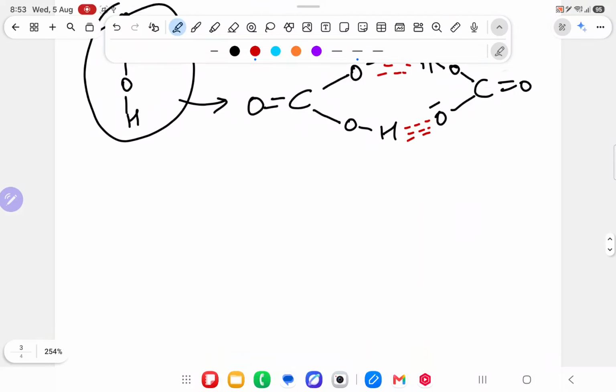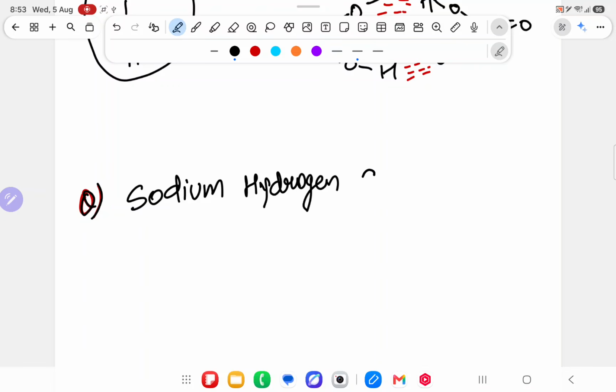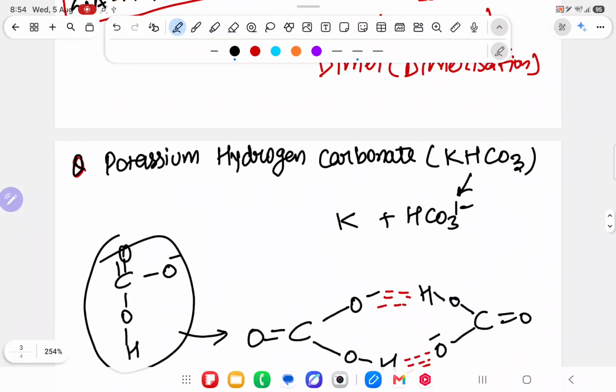Understood the point? Now, next question. Next question we will have is the hydrogen bond in sodium hydrogen carbonate. Sodium hydrogen carbonate is NaHCO3. There is no difference between these two, but hydrogen bonding is different.